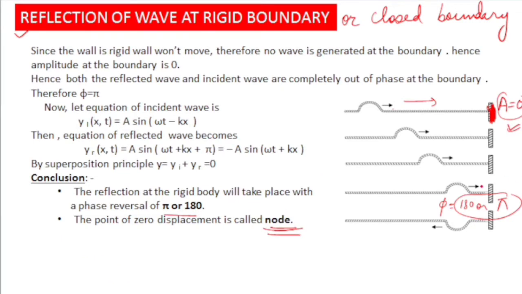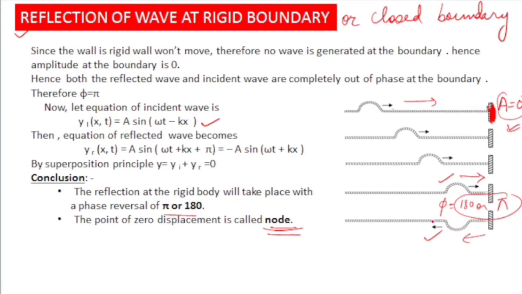What are the equations? How do you write the equations of the incident and reflected wave? Suppose the incident wave is coming in the positive x direction. You know the equation of a progressive wave is A sin(omega t minus kx). Now for the reflected wave, if a crest is coming, then a trough comes out. It means the amplitude is maximum but in the negative direction, and the reflected wave also moves in the negative x direction.